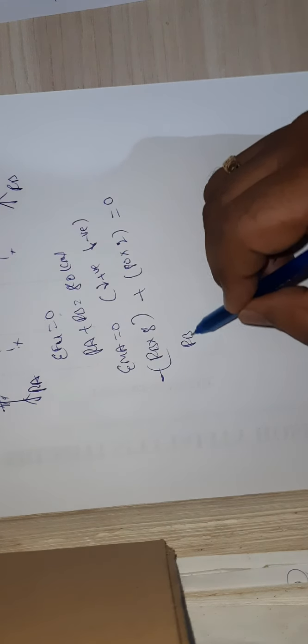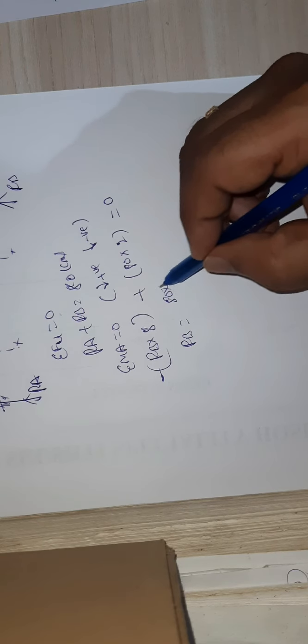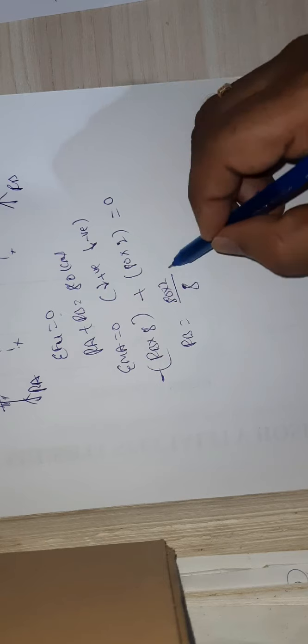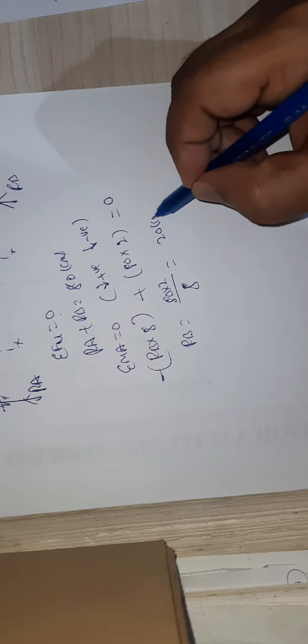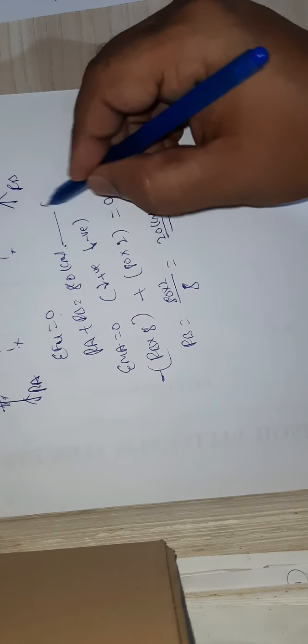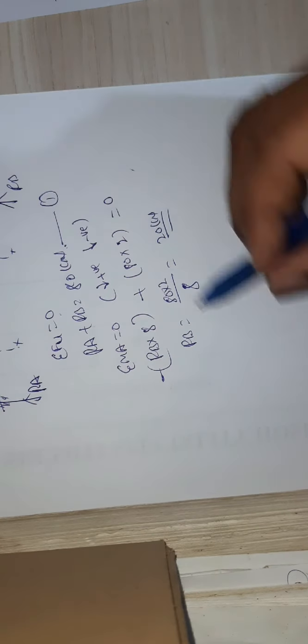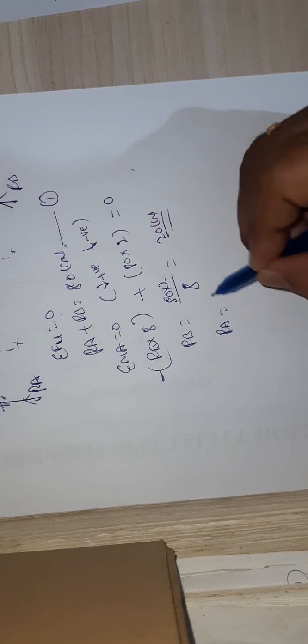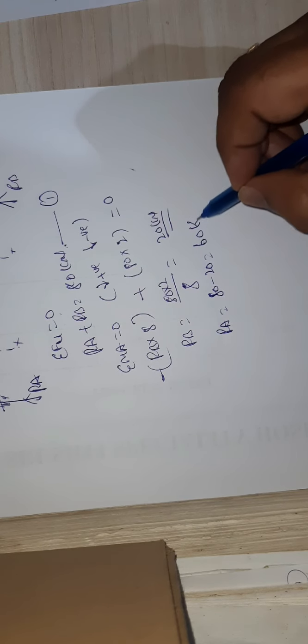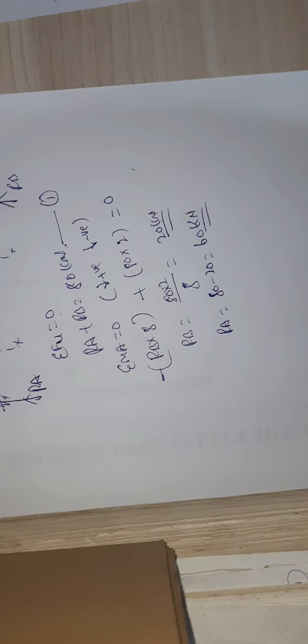Then RB equals 80 into 2 divided by 8. So RB is 20 kilonewtons. Substitute in equation number 1: RA equals 80 minus 20, that equals 60 kilonewton. That's how we find the reactions.